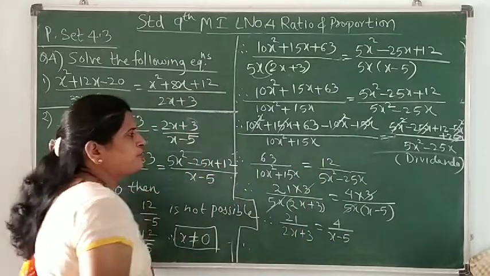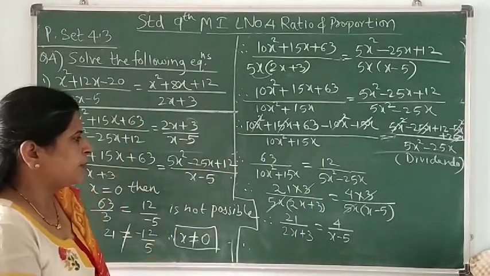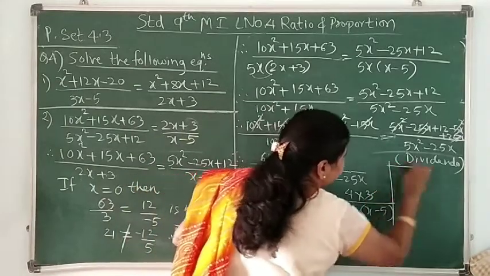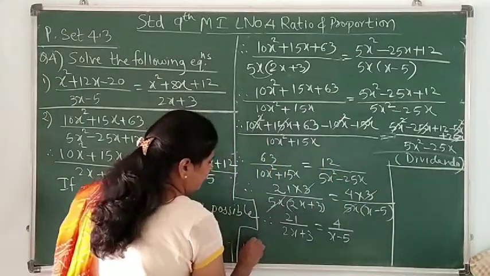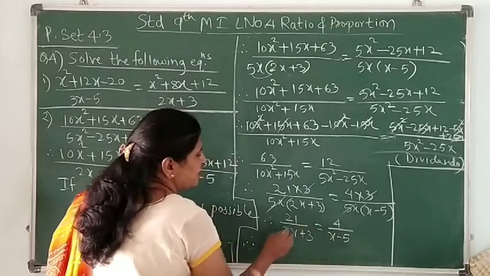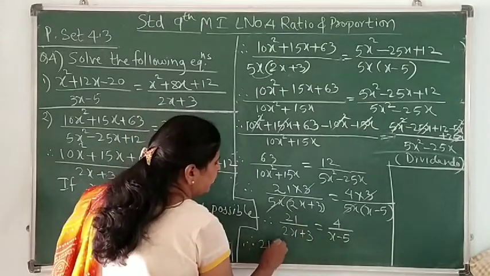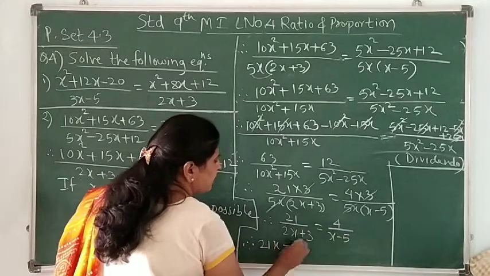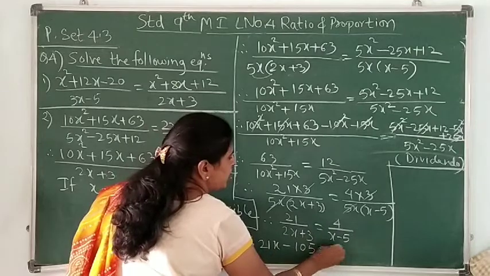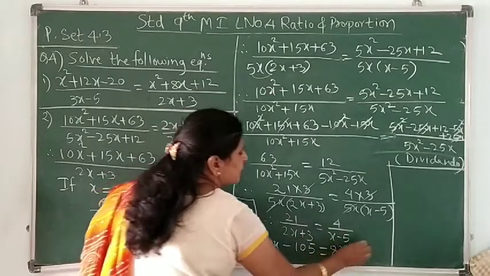Now we have to solve this by doing cross multiplication. So 21 multiplied by (x − 5): 21 into x is 21x, minus 21 into 5 is 105, is equal to 4 into 2x, that is 8x, plus 4 threes are 12.